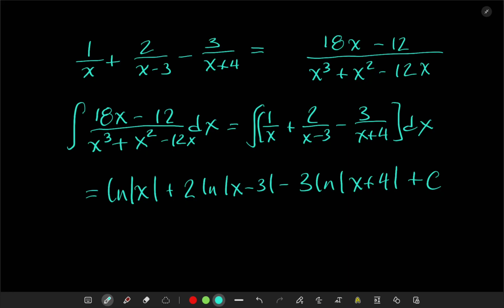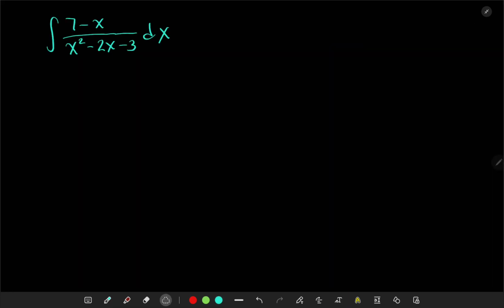All right, so let's go ahead and write a problem. We're going to compute it here like a little aside, and we're going to use the space below to compute our integral. So our goal is to write (7 minus x) over (x squared minus 2x minus 3) as A over something plus B over something.